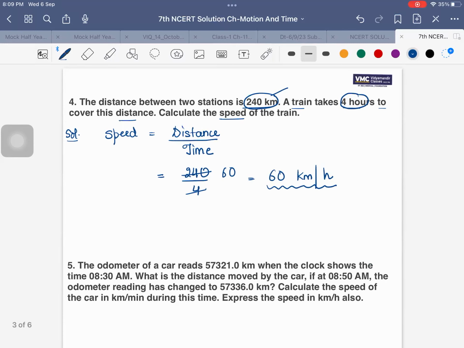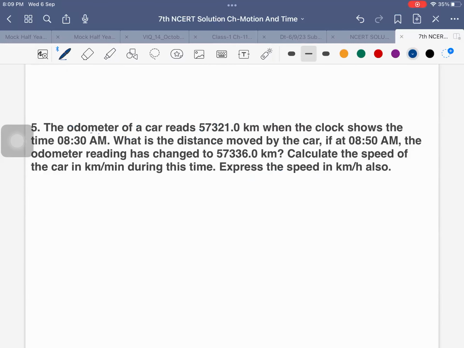Next one, the odometer of a car. Odometer is a device that we use to measure distance. This instrument is used to measure the distance.